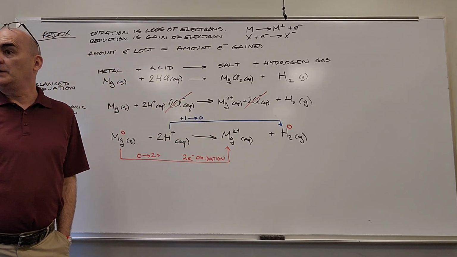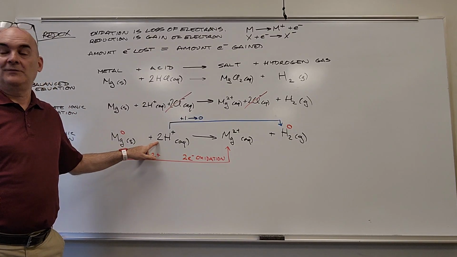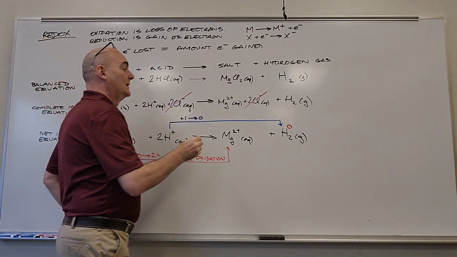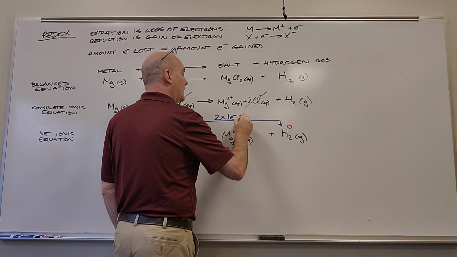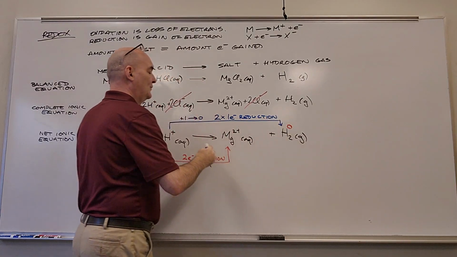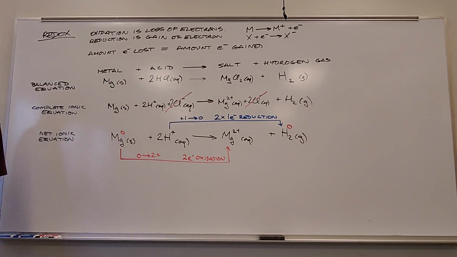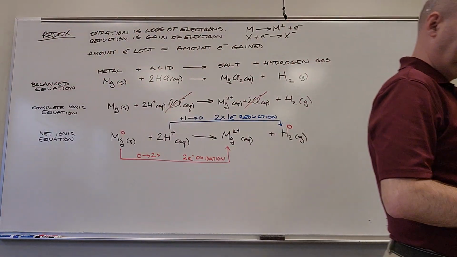That's only a 1 electron reduction, but it's happening twice, because there's 2 of them. So this is 2 times a 1 electron reduction, which means I have 2 electrons changing hands. Okay? They have to be equal and opposite. Good.